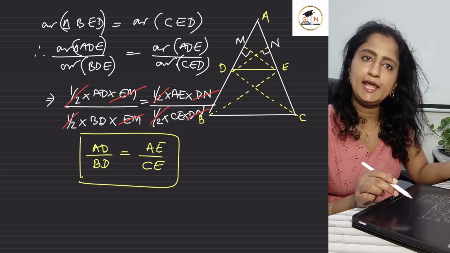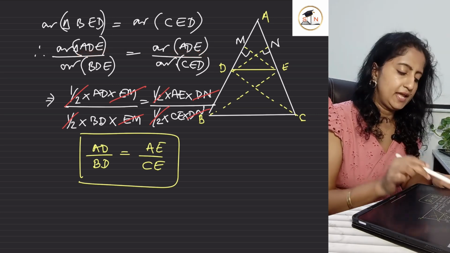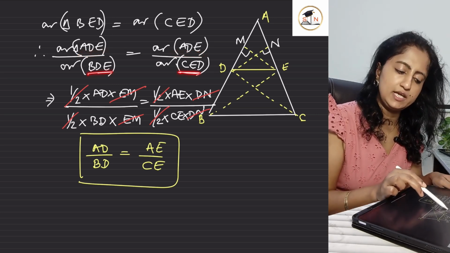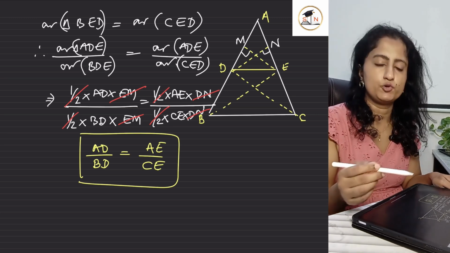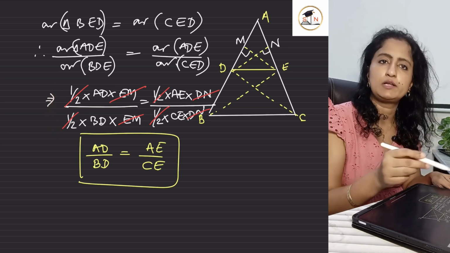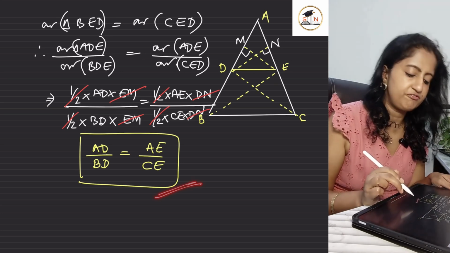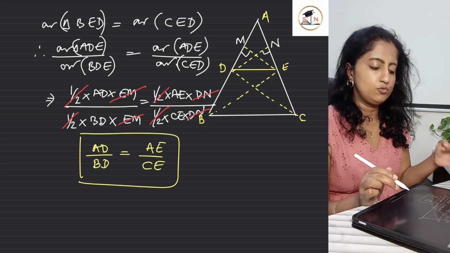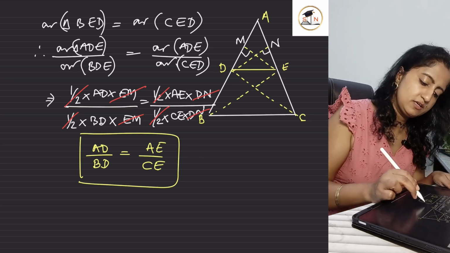ADE was the same for both, and then BDE was equal to CED. So we were easily able to put them in proportion. After that, we substituted the values, cancelled out what was cancelable, and that gave us the final answer that AD over BD equals AE over CE, and hence proved.